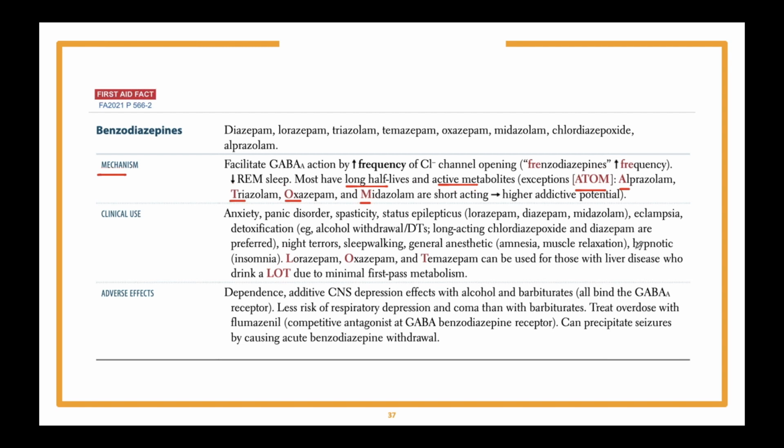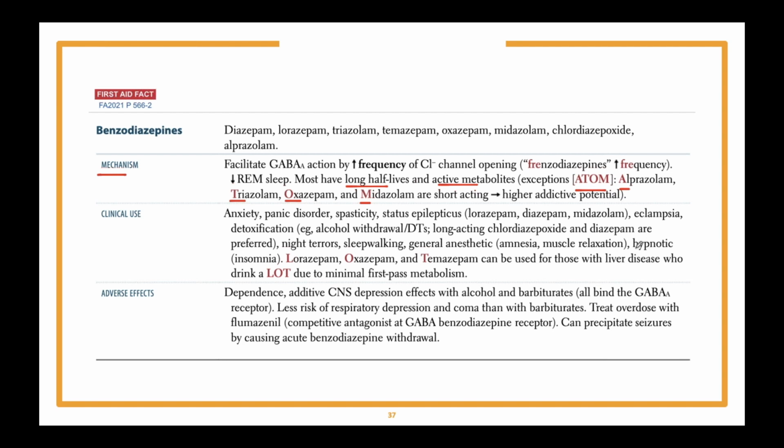As a result, they have higher addictive potential, okay? So what are some adverse effects? As it says there, number 1 is dependence, okay? So one of the main side effects of benzodiazepine use, especially with those short-acting benzos, is dependence, okay?